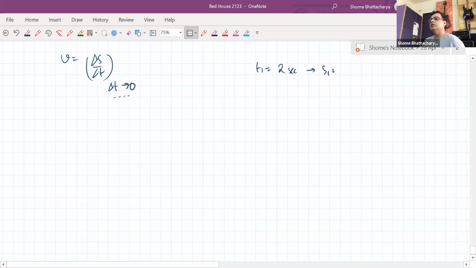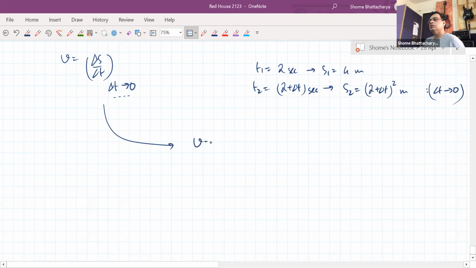So we take S1 as 4 meters, but we take T2 as 2 plus delta T seconds. So we'll take S2 as 2 plus delta T whole square in meters, with the condition, of course, that delta T is extremely small, it's tending to 0. So now let's see what we are getting from here.